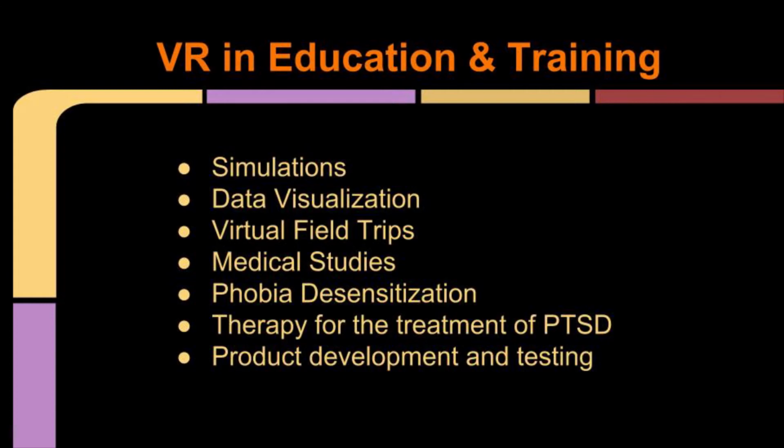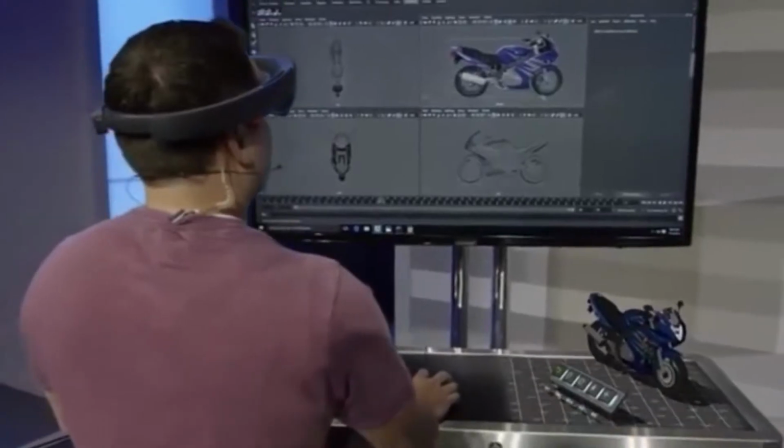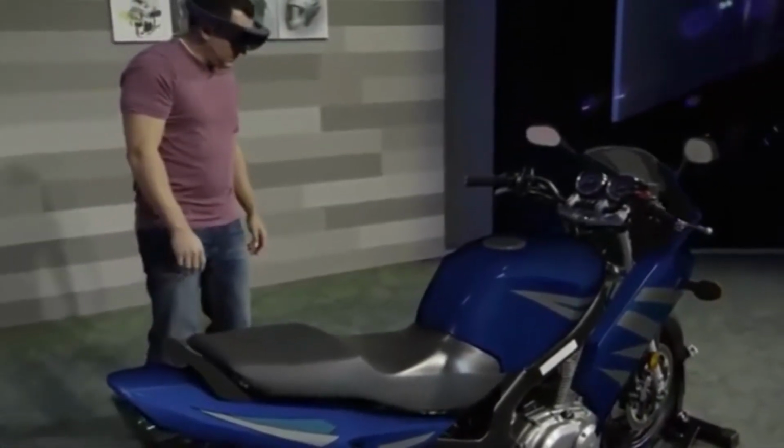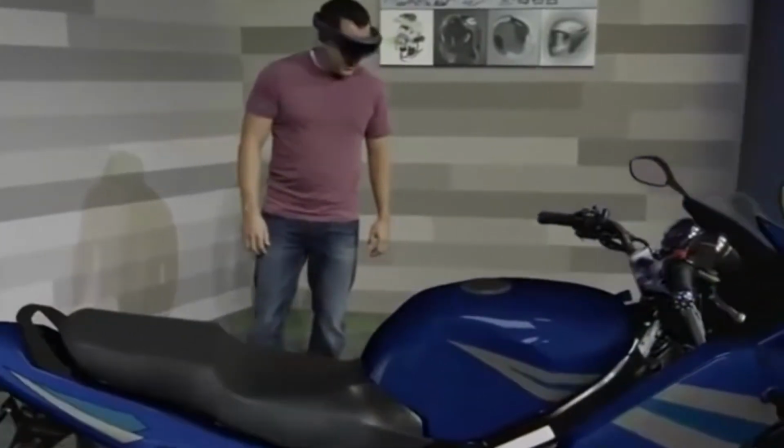It's also been used by psychology students to desensitize people from various phobias. It could also be used to develop other programs for treating post-traumatic stress disorder. Students studying industrial design might use virtual reality to develop a product and test it in a virtual environment prior to going to manufacturing and market.